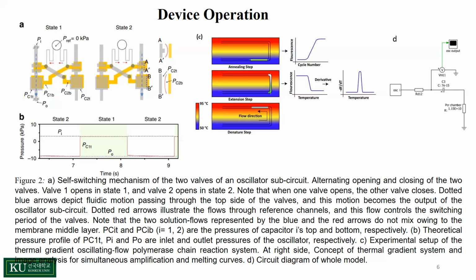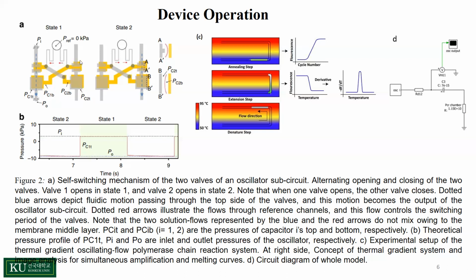In the meantime, the yellow channel indicates, as I previously told, the bottom layer of this device. So gradually the left side valve tries to close, and the pressure gradually decreases.